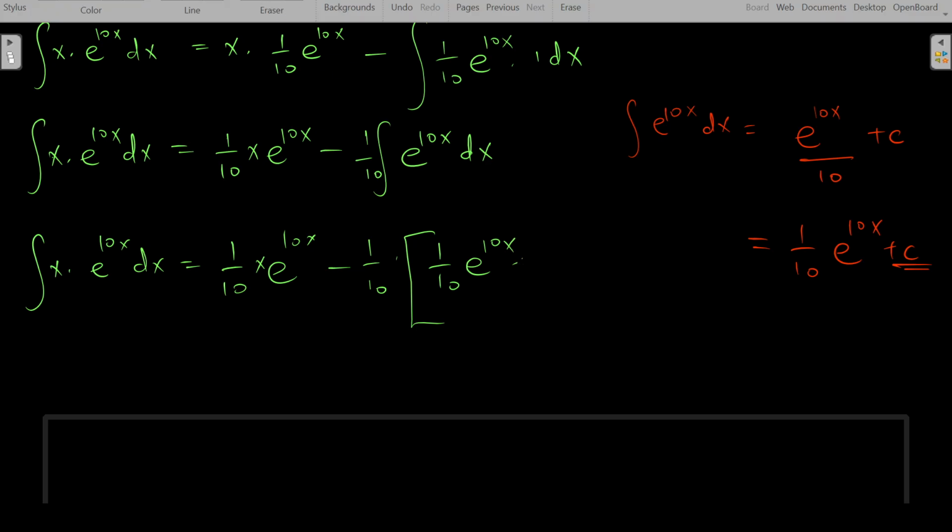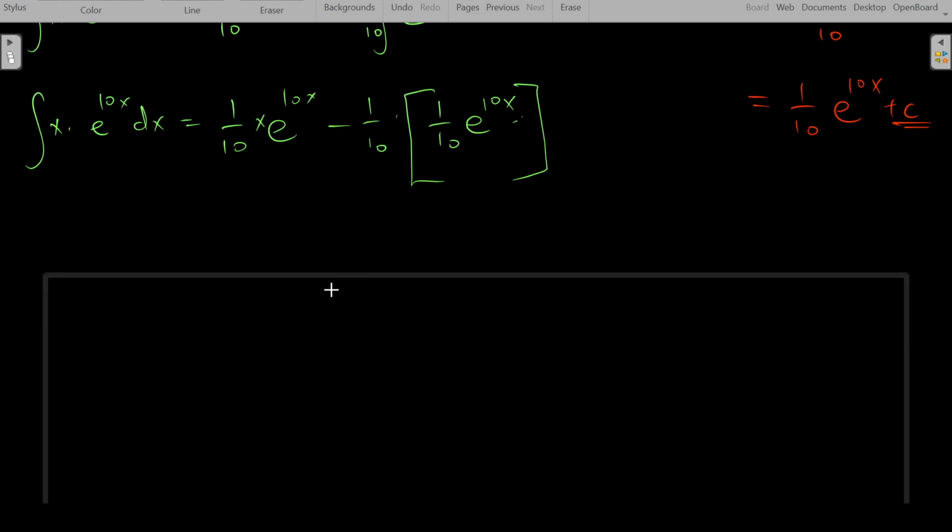So the integral of x multiplied by e raised to 10x dx should give me 1 over 10 multiplied by x multiplied by e raised to 10x minus 1 over 100 multiplied by e raised to 10x. So this is my answer.